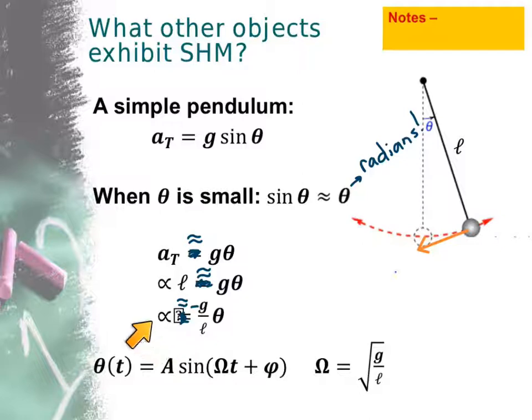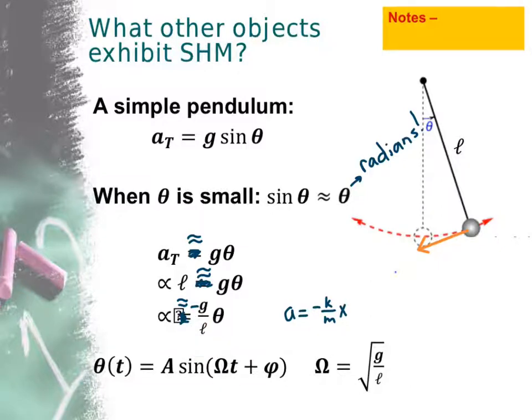Well, this equation looks very similar to our spring equation. In our spring equation, we had acceleration a is equal to negative k over m times x. Now, instead of talking about linear acceleration and linear displacement, I've changed it to angular acceleration and angular displacement.